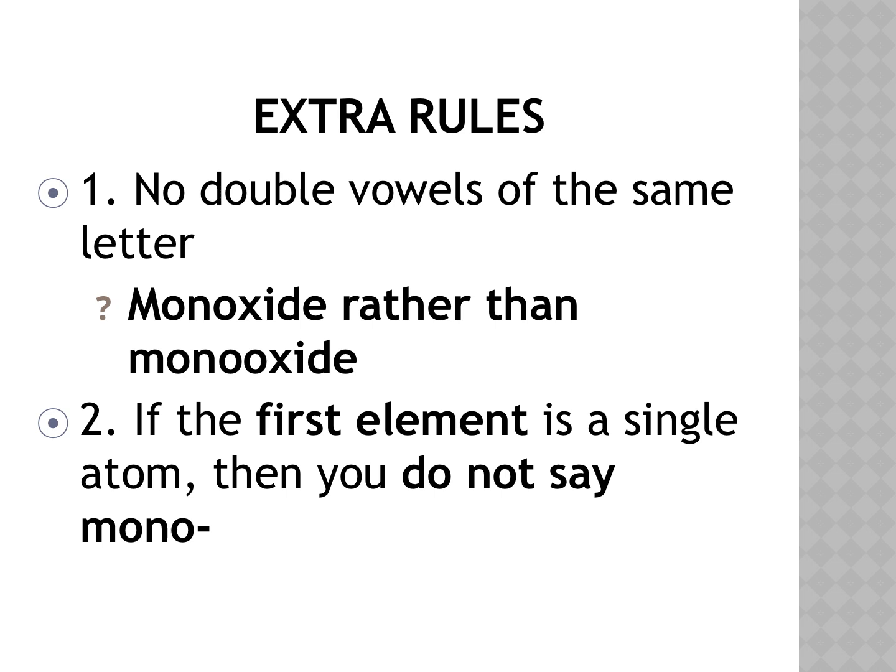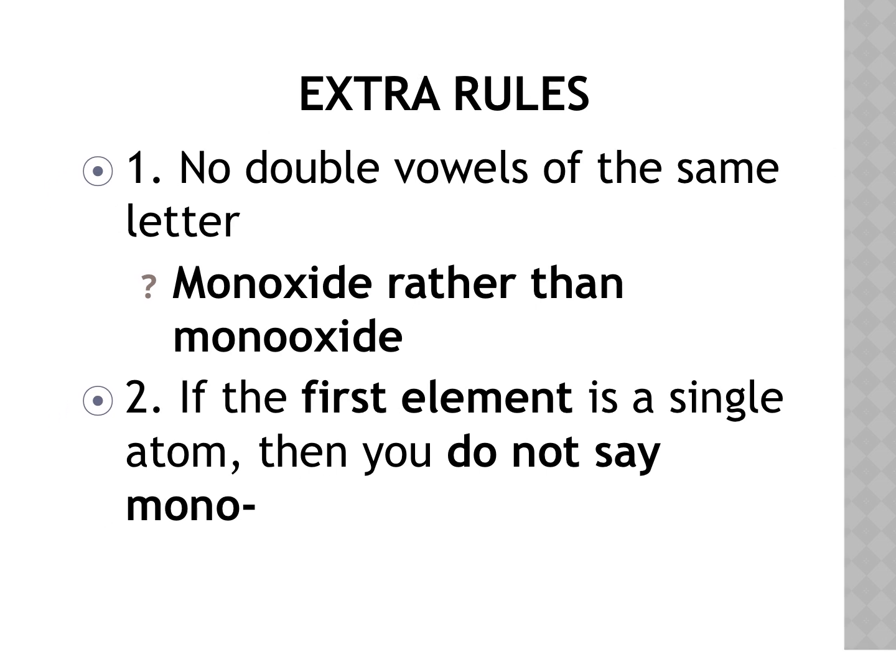Okay. And then finally, just some extra rules when naming. So no double vowels of the same letter. Okay. So let's say we're just talking about one oxygen. It's monoxide rather than monooxide. Okay. Do you see what I mean here? So if it's two double vowels the same, you just drop one of them.